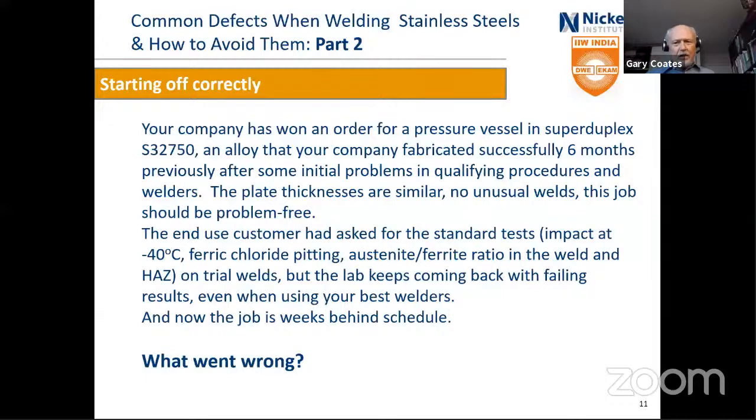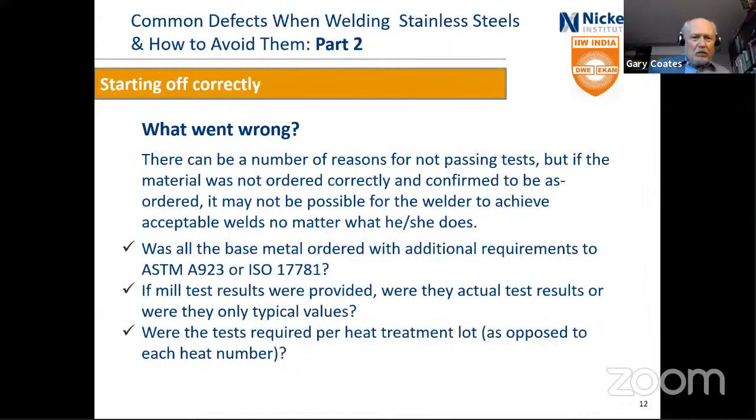Well, what went wrong? Well, of course, there could be many reasons for what went wrong here. But one of the key reasons can be that the material was not ordered correctly and confirmed to be as ordered. It wasn't specified correctly by the fabricator.